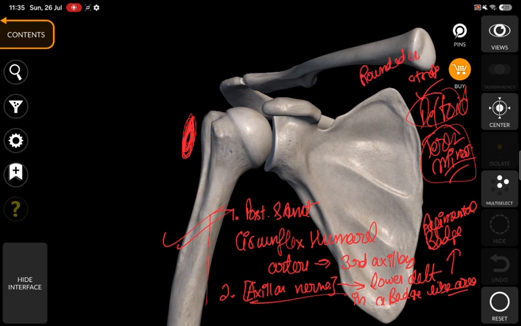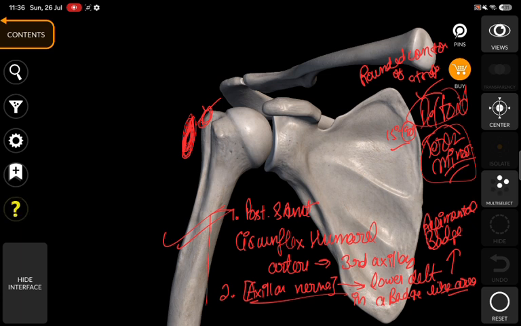And the greater tubercle is more prominently seen, right? We also know that deltoid helps in abduction of the arm from 15 degrees up to 90 degrees. So the patient won't be able to abduct his arm up to 90 degrees, but will be able to after 90 degrees with some help.